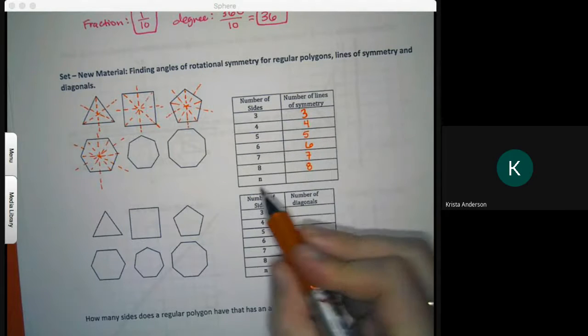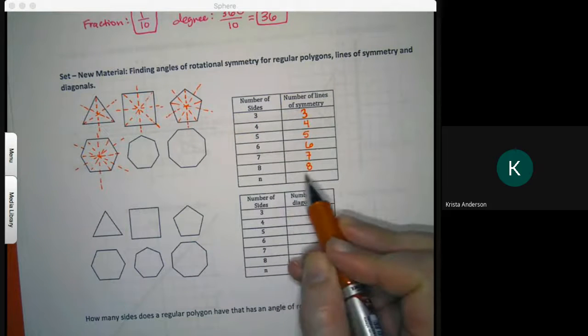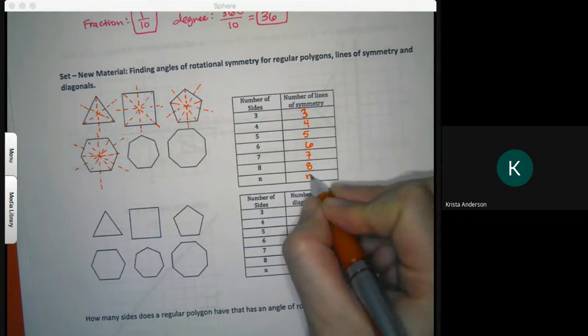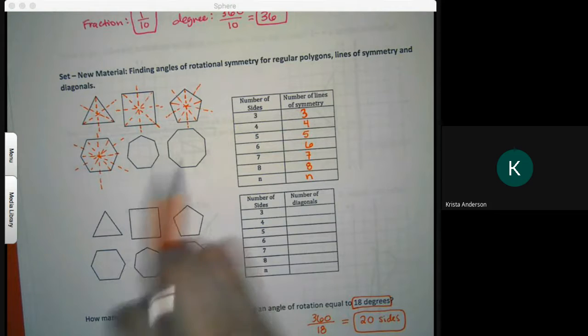And then see how it's a letter N? What would be here if I had N sides? I would have N folds, like you were saying. However many sides you have is the number of lines of symmetry you'll have. Are you okay if we don't draw them in?